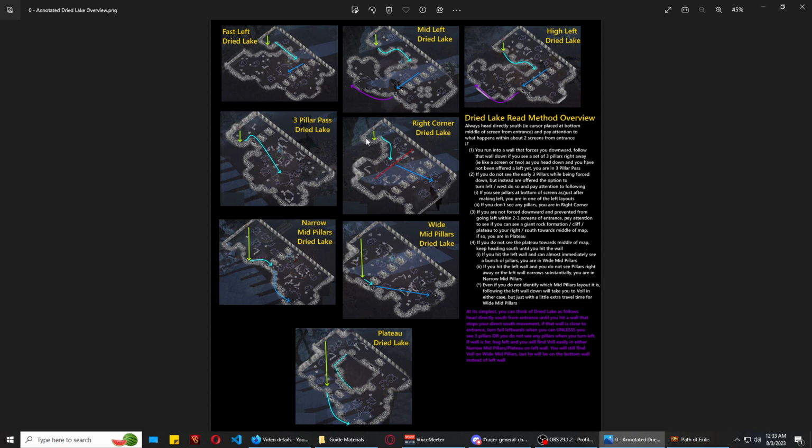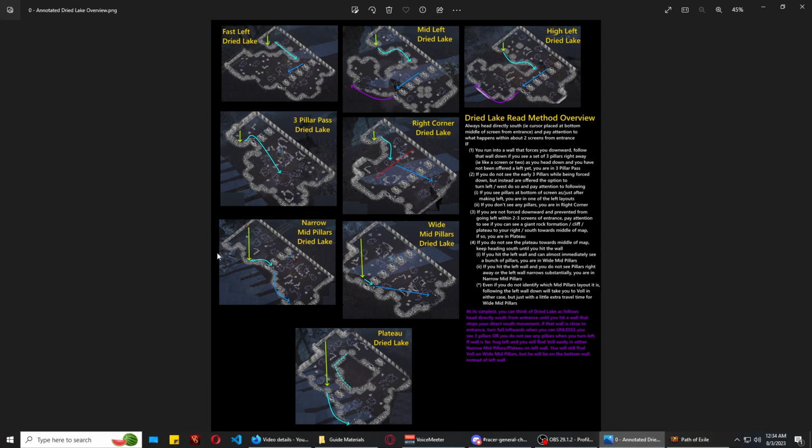In 3 of the reads that we need to be able to recognize, you will see that you get blocked from heading to the left or west within 2 to 3 screens south of the entrance. And that can be seen in the upper layouts here, so anything above this half, you get blocked within 2 to 3 screens directly south from the entrance from going left or west.